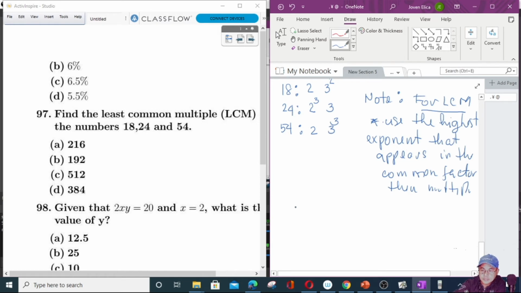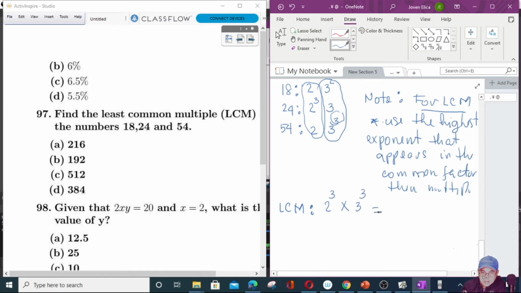So our LCM, based on the given, using this rule, use the highest exponent that appears. In 18, these are the common factor 2. The highest exponent is 2 raised to 3, multiplied by the highest exponent in the common factor 3. The highest is 3 also, so 3 raised to 3.